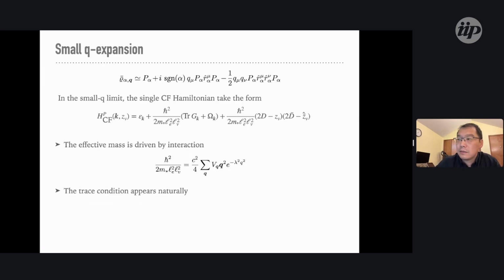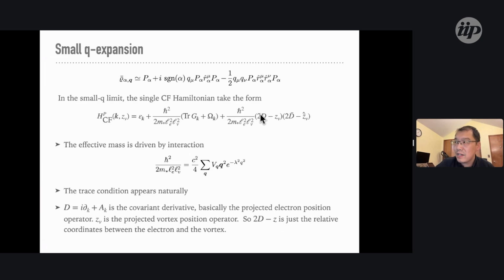Now, the next one is the so-called trace condition. Because I'm using the convention that the Chern number is minus 1, this really should be written as trace g minus the absolute value of the Berry curvature. That's very interesting because I didn't set out to look for the trace condition. It just naturally emerged in the small q limit.